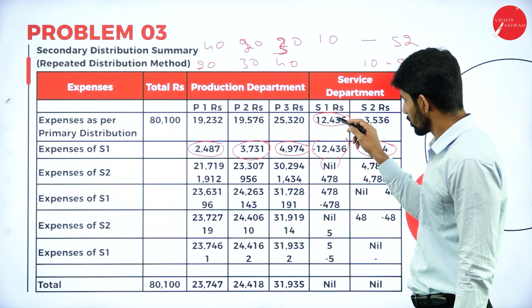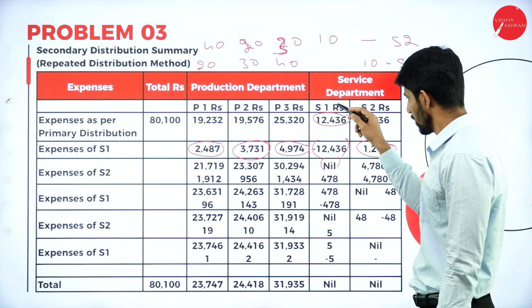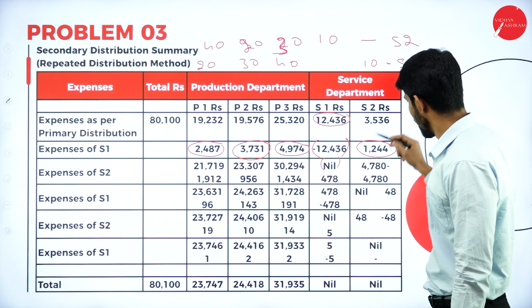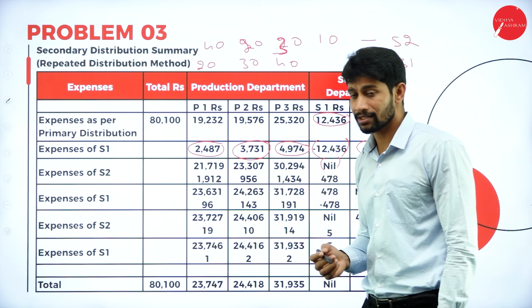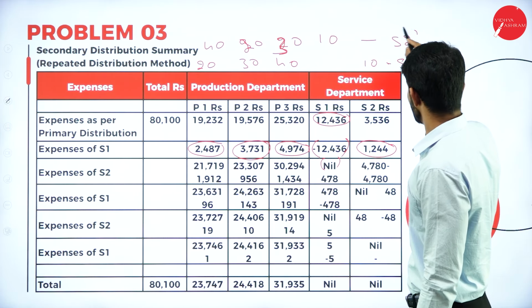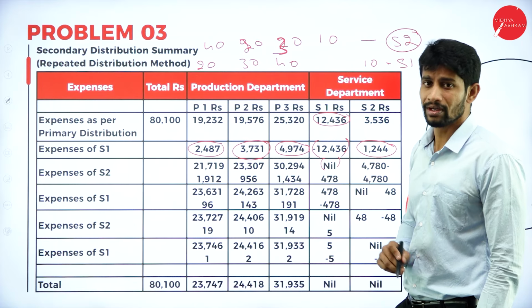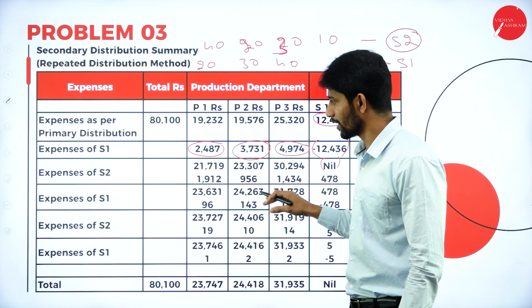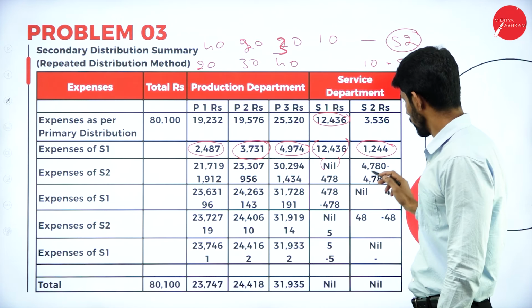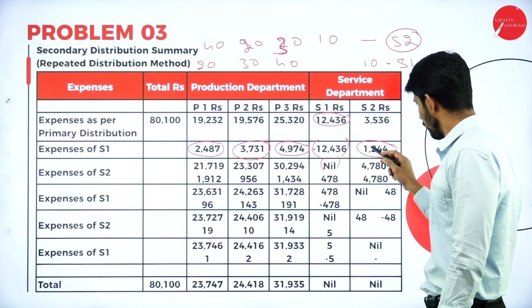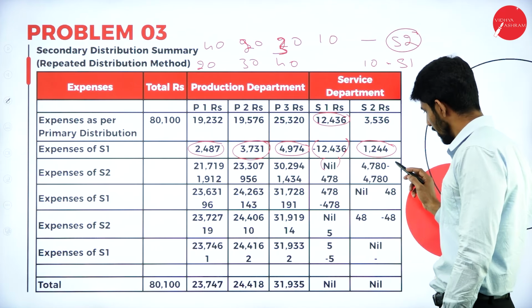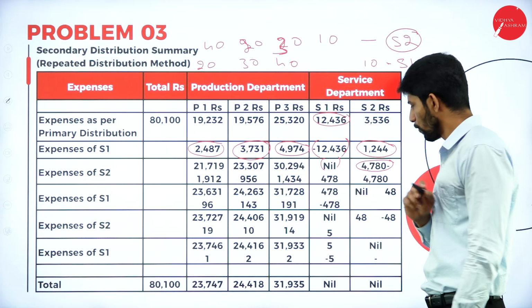Because you distributed this amount to other departments. Next, these two total comes to 4,780. Next, distribute S2 service department 2 expenditure with respect to other departments. What is the total we have? 3,536 plus 1,244. Total you will get 4,780.